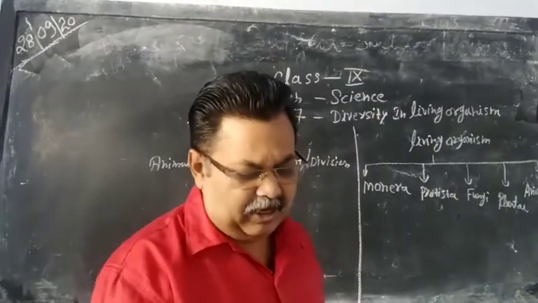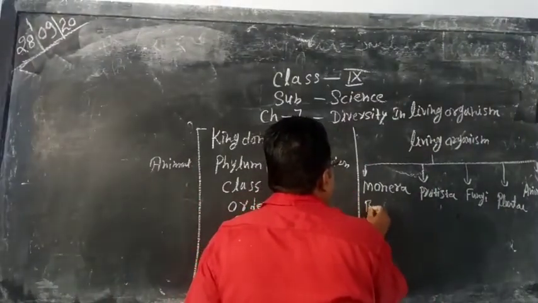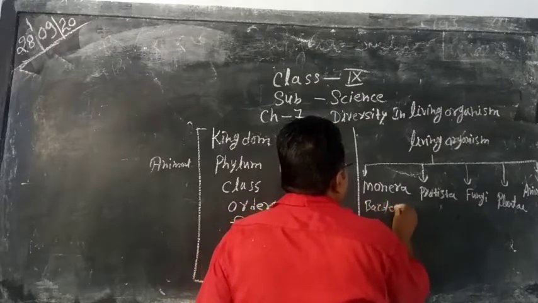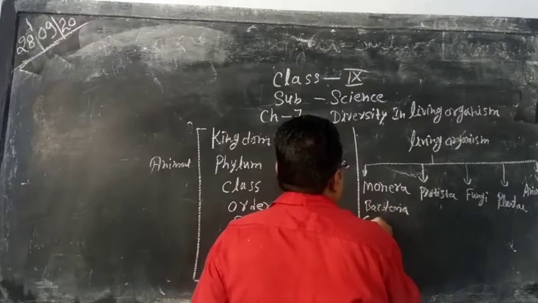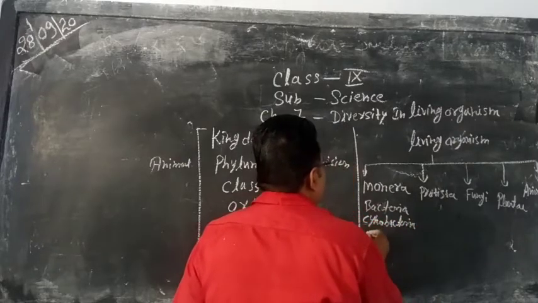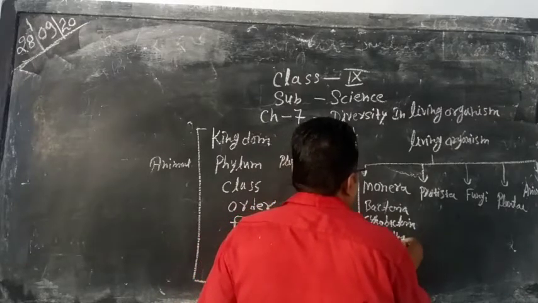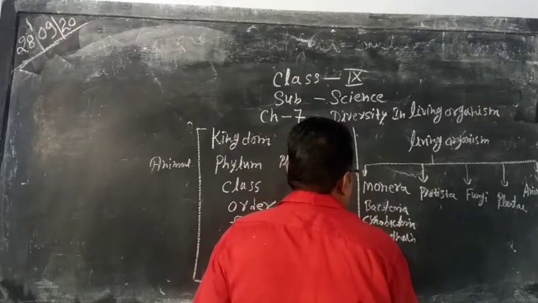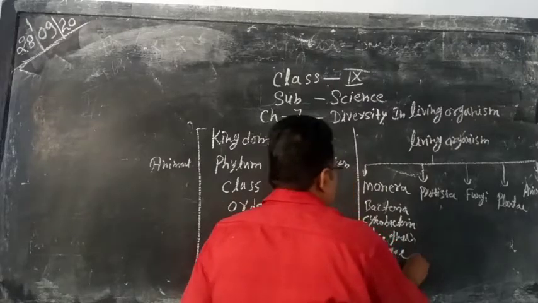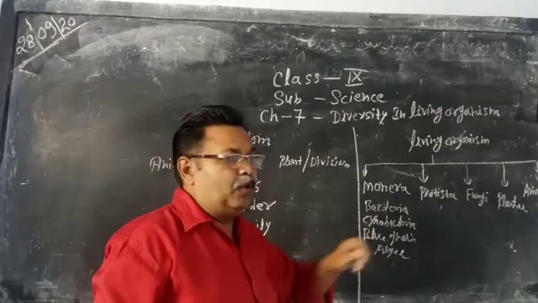So the examples of Monera are bacteria, cyanobacteria, and blue-green algae. These organisms belong to the group Monera.